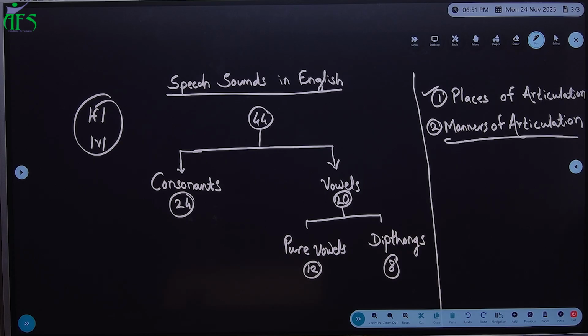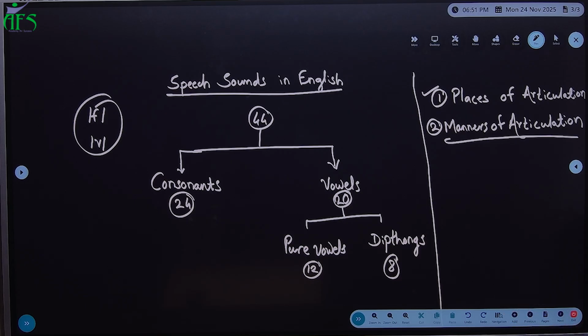Then come lateral sounds. When the tongue blocks the airstream from flowing through the middle region, it results in the air being released from both sides of the tongue. Sounds articulated in this way are called lateral sounds.